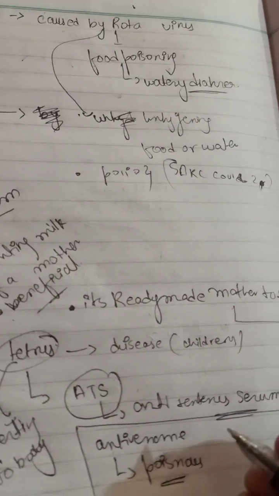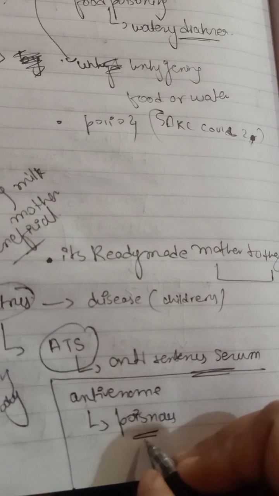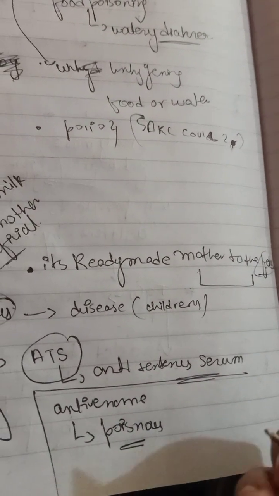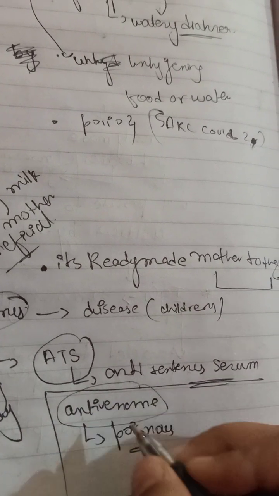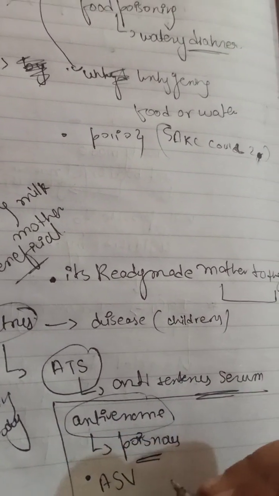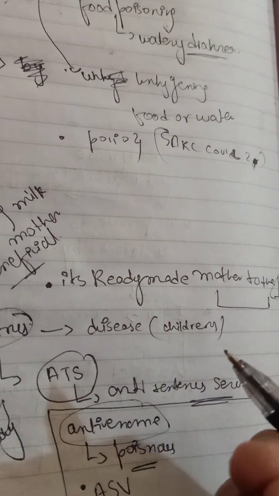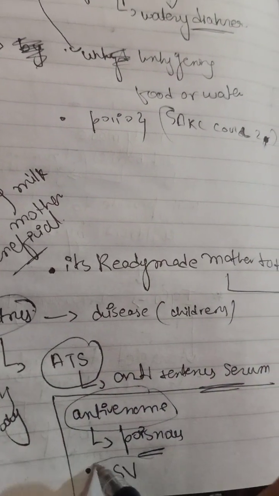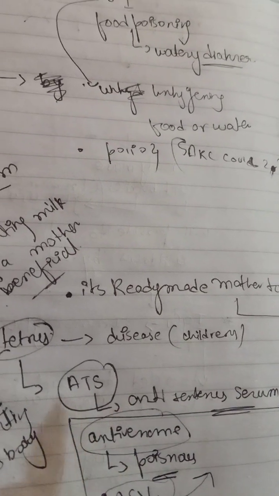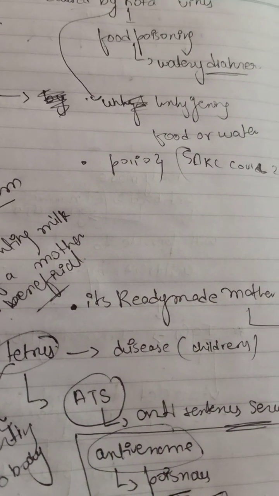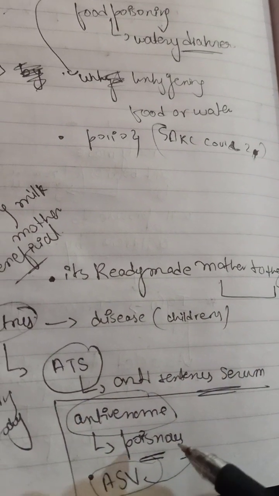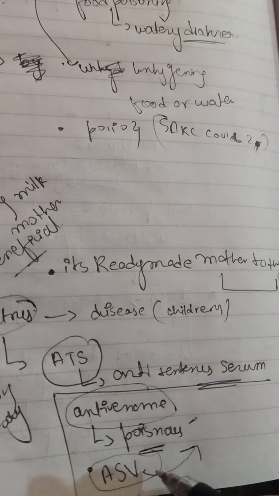If a snake bites any human, then for that we have that antibody, the ASV. What is ASV? That is the anti-snake serum. We give that anti-snake serum to the human if there is a poisonous substance in the human body, like when a snake has bitten.